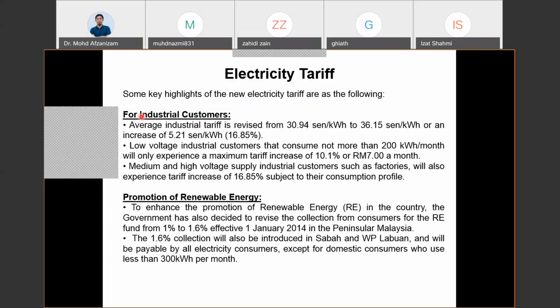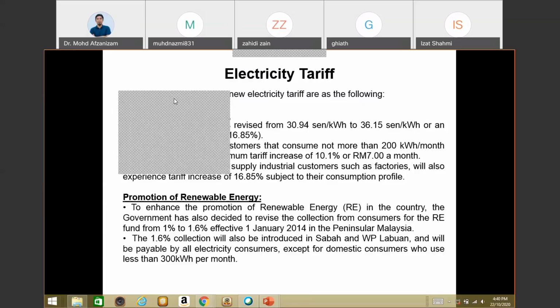Okay, 8 to 10. Lepas tu 11 sampai 1. Oh, afternoon session tak ada kelas? Tak ada. Zaidi ada kan? Zahidi, yeah. Zahidi, how about your class just now?